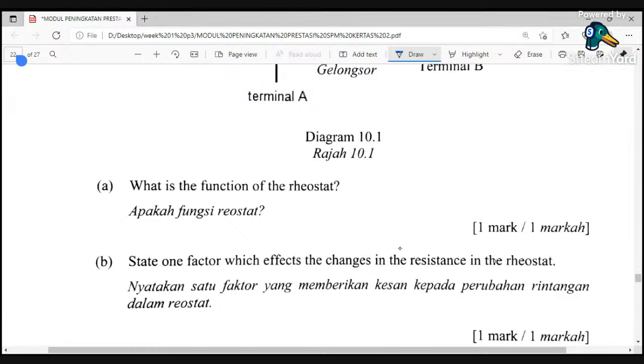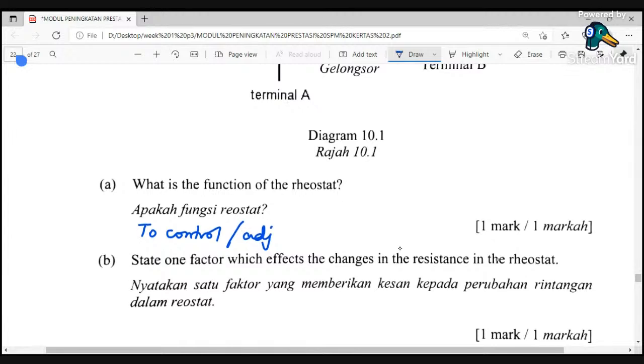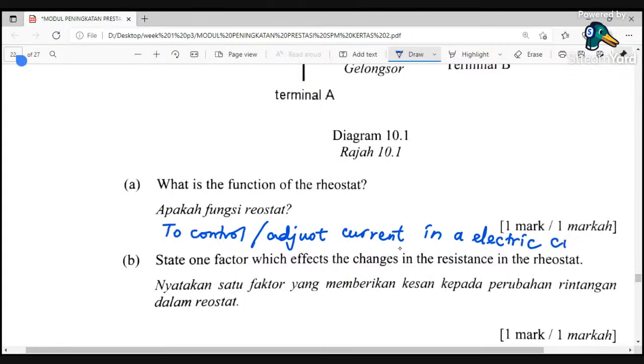So the rheostat is used to control or to adjust current in an electric circuit.